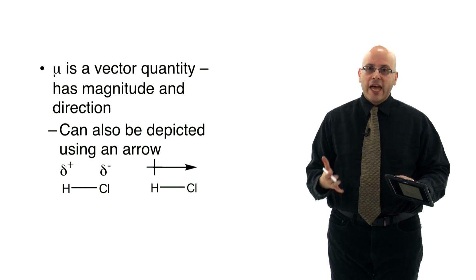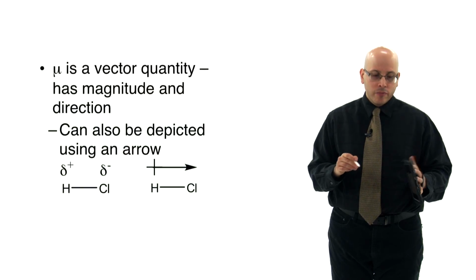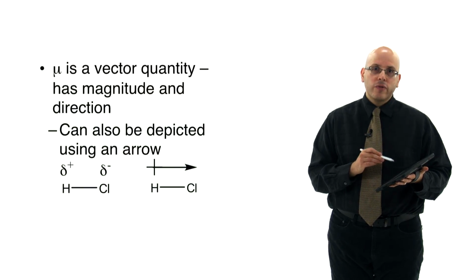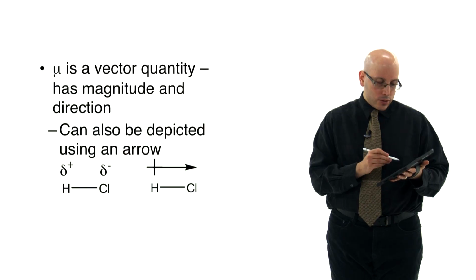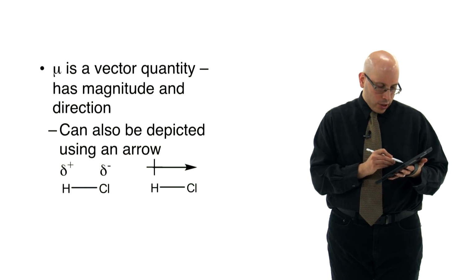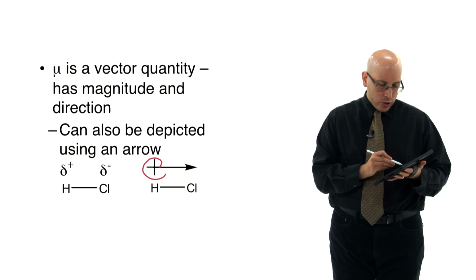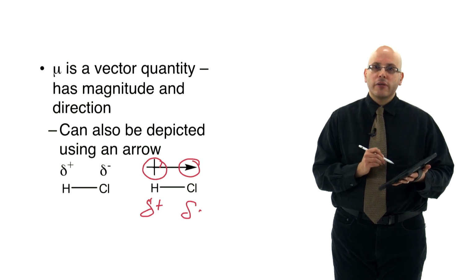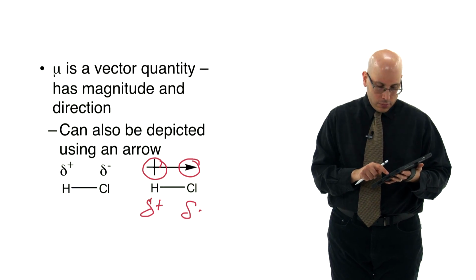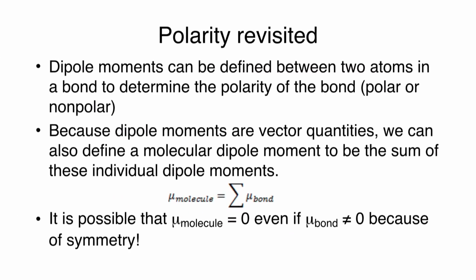Or I can show with an arrow where the head of the arrow points in the direction of the Cl, and there's a little plus sign on the other side showing where things are going to be partially positive for the hydrogen. So this side is partial positive, this side is partial negative.